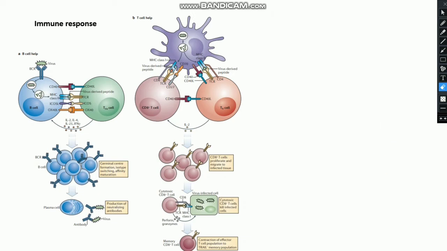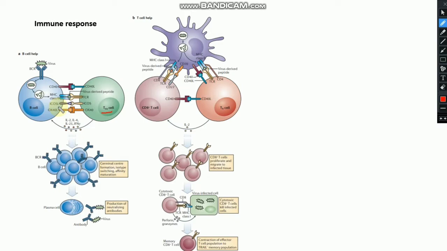So here is the overview of the activation of these kinds of cells. As you see in this figure, these are the CD4 T cells, T helper cells. These cells activate B cells, as I mentioned in this slide, through some activation processes like CD40 and OX40L.